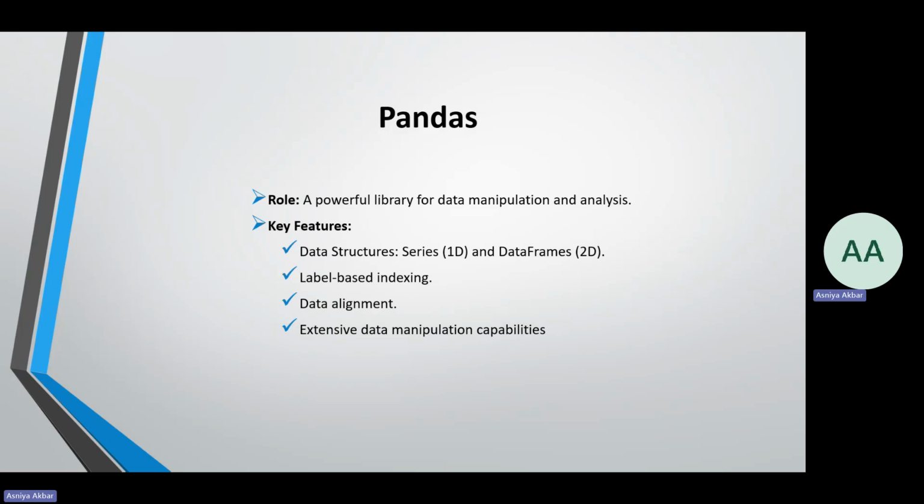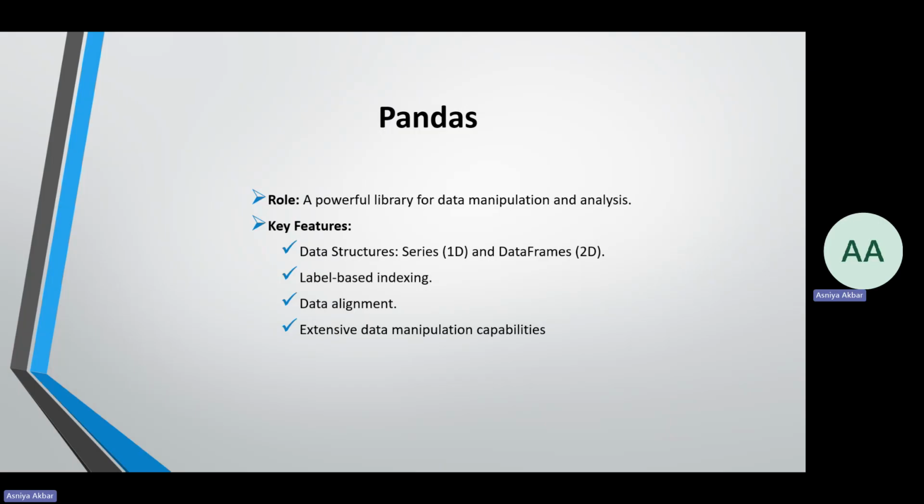Now let's delve into these key features of pandas. The first feature of pandas is series and data frames. Data structures are nothing but a structure of the data in which the data can be stored. There are inbuilt data structures and user-defined data structures in Python, but in pandas you have series and data frames.